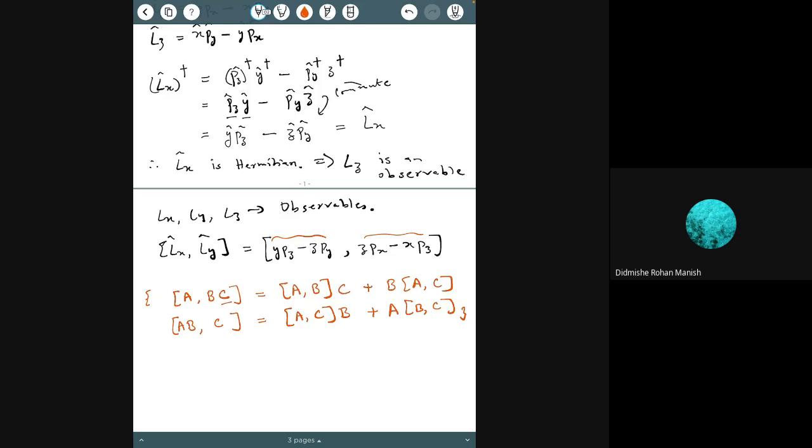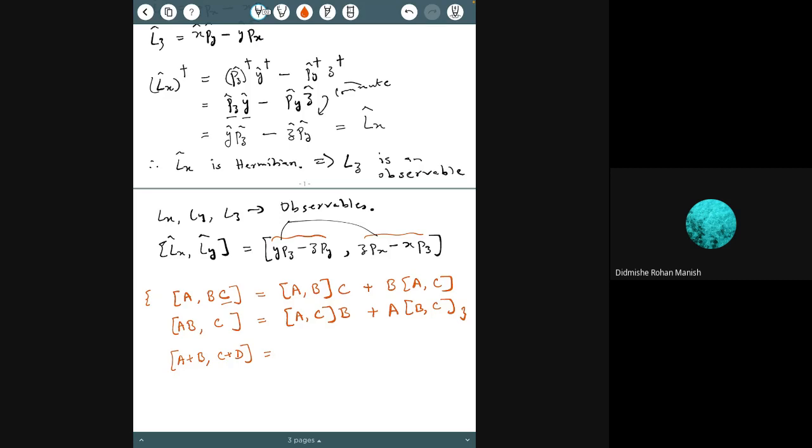So these are two relations we will use, and the other thing we will use is that the individual terms you can open out as commutators. So what I mean is that if you have A plus B and C plus D, I think I showed this last class.